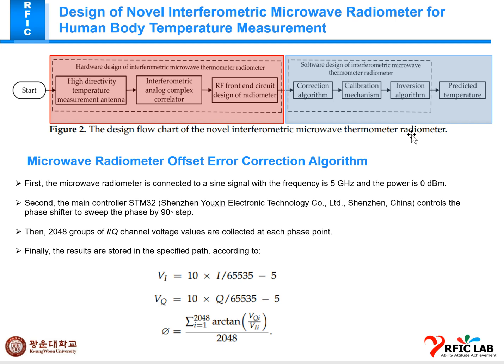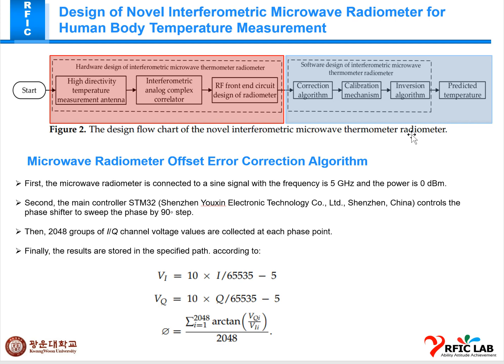According to this, the equation becomes for voltage I: 10 into I upon 65535 minus 5. It is the equation. And then when you want to calculate voltage Q, that is 10 into Q upon 65535 minus 5.